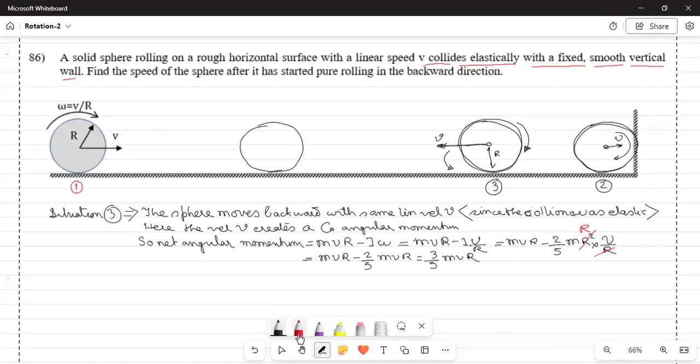The paper setter has not asked for it, but for our understanding, let's note that this angular momentum is anti-clockwise because we have taken mvr first.